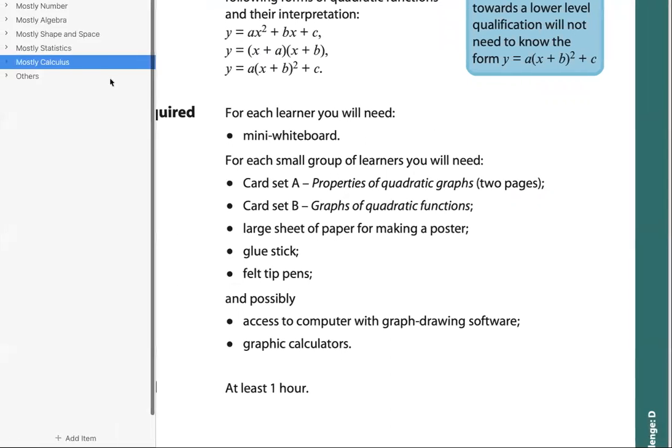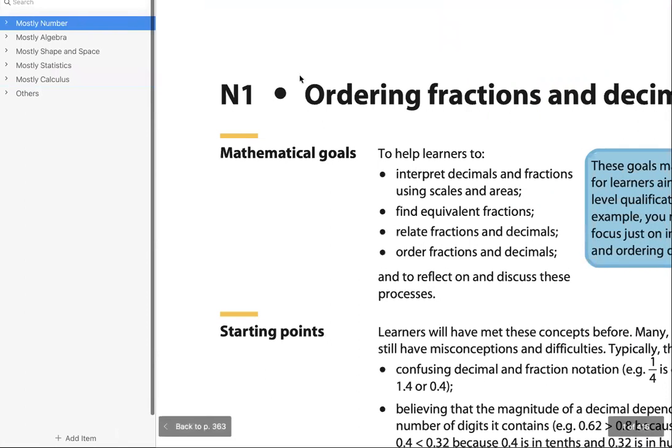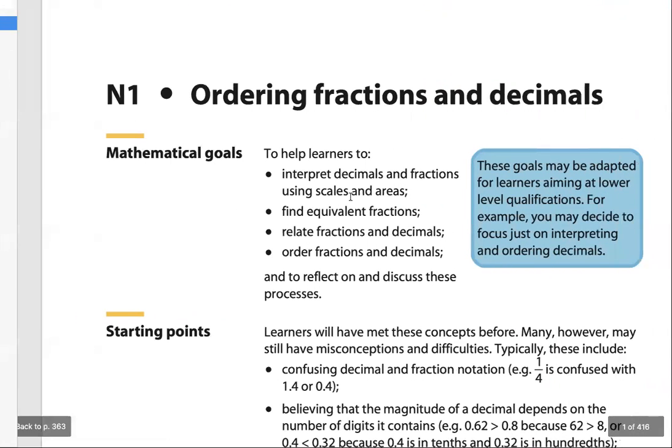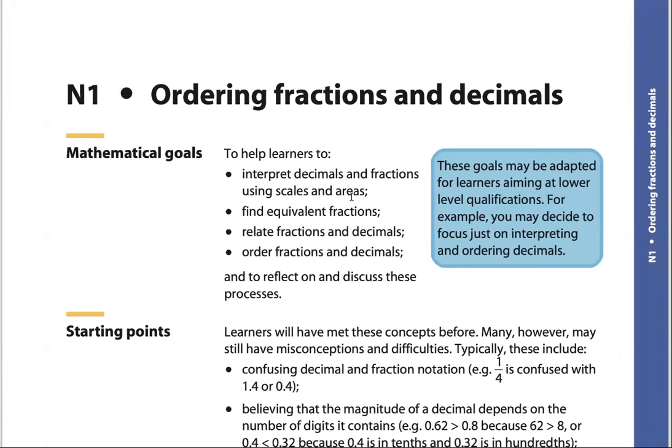I can get back to the first page. This is the first page of the file. How about you? Can you see the file? Can you download the file? Yes, I can. So this is one of the PDF files contained in my Google folder.